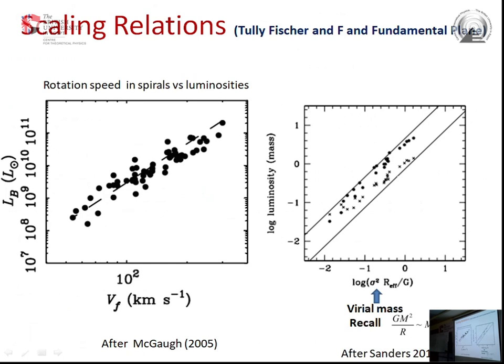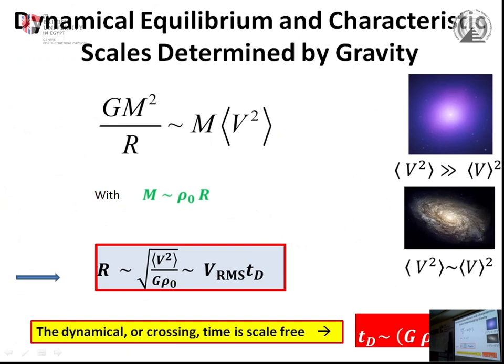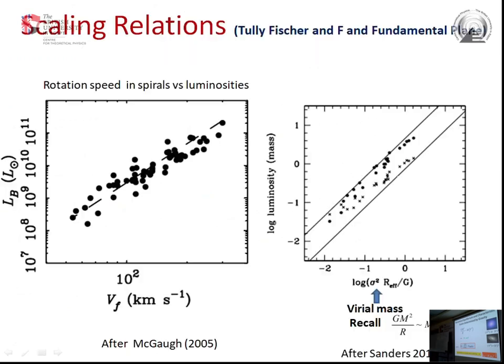And this is for the galaxies in random motion: the more random motion they have, the more luminous they are. And this is also intuitive, and it follows from our very simple relation here. Nice. But the problem is, it correlates.